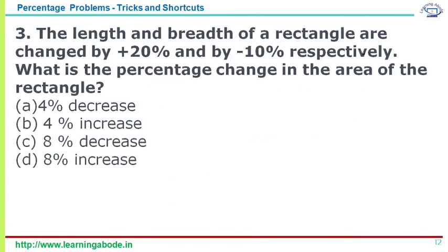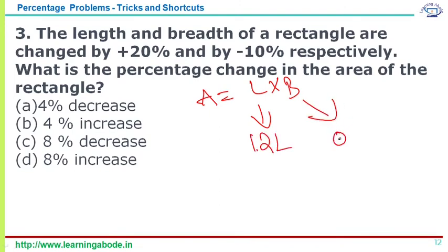Now a sample question. The length and breadth of a rectangle are changed by 20% and 10% respectively. What is the percentage change in the area? We know area is equal to length into breadth. The new length is an increase, so you can write it as 1.2, and the new breadth is a decrease, so you can write it as 0.9.